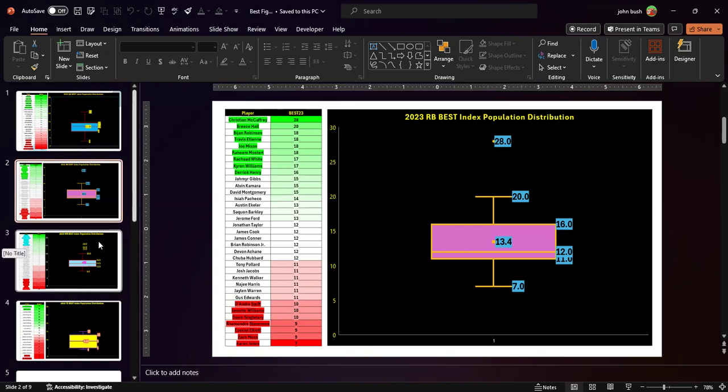I think there's going to be some secrets here to figure out. There's going to be an ability to forecast this going into the future based on age, based on experience, where we're going to have some guidelines to say, hey, the typical player might be 2 or 3 worse on Best each season after age 30, whatever.